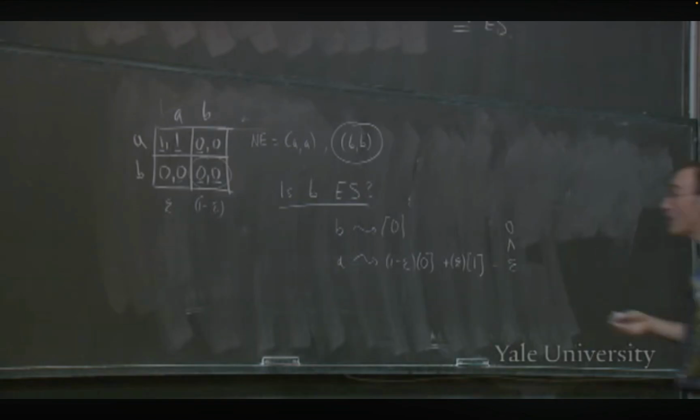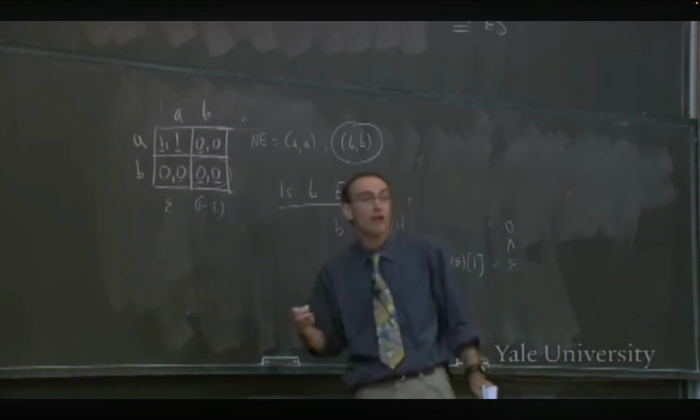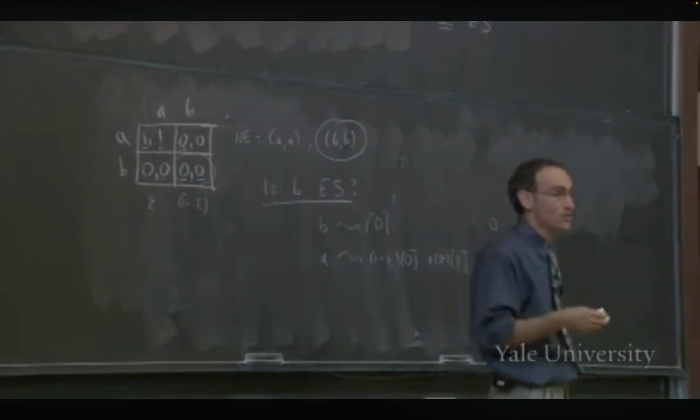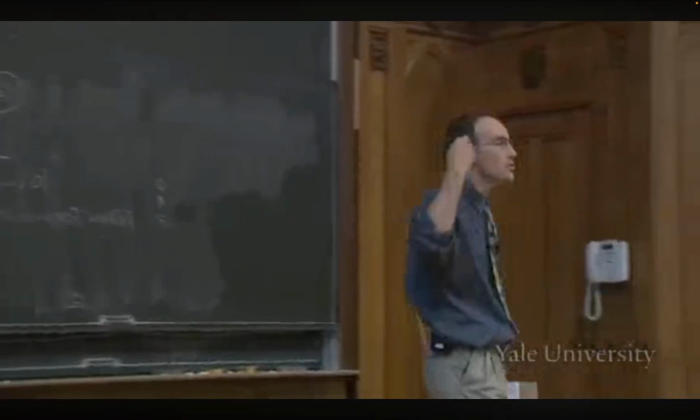If, in fact, we got rid of Nash equilibria that relied only on weak best responses, then we wouldn't be able to produce this example. So in particular, if we looked at Nash equilibria where the Nash strategy was strictly a best response, strictly better than playing any other pure strategy, those cases would be evolutionarily stable. Anyone remember what we call Nash equilibria where the Nash strategy is a strict best response?